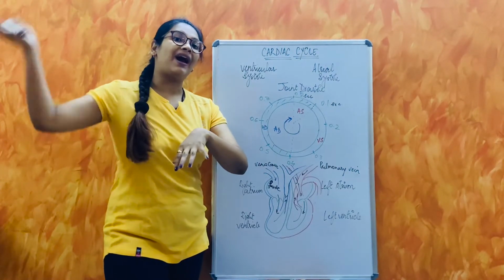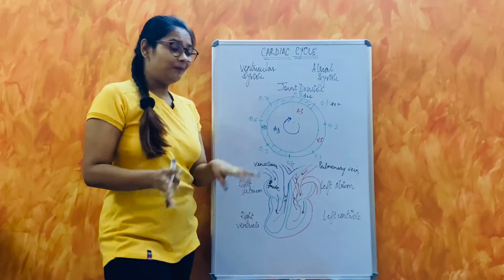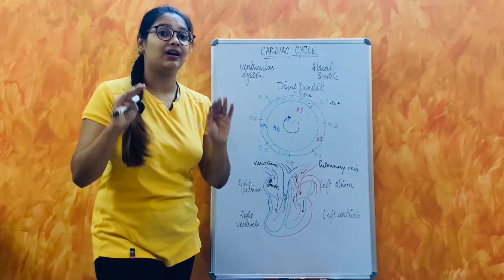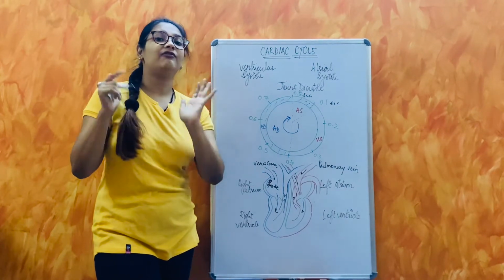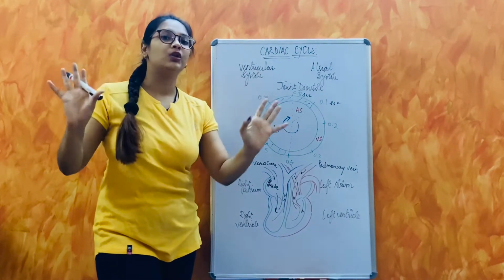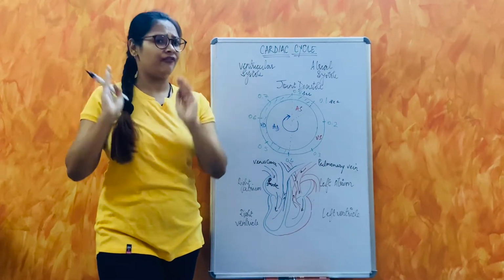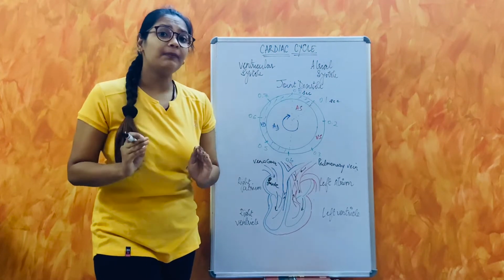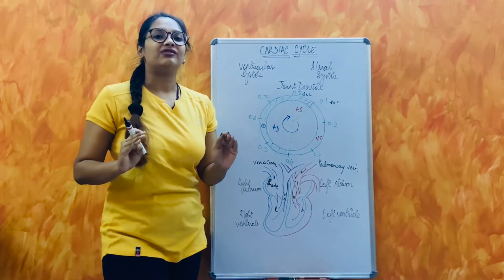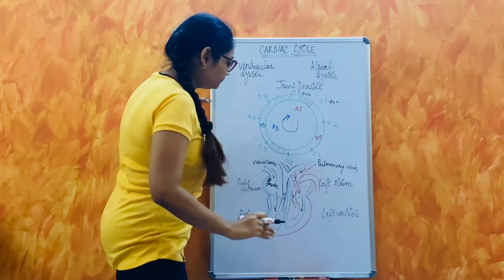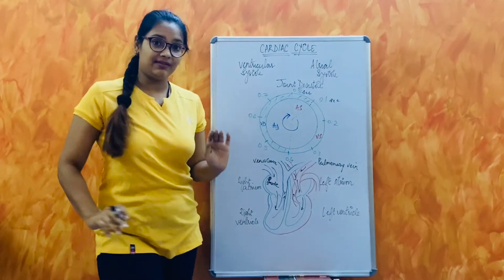So ventricular filling takes place without the atrial contraction. Even if the atrial contraction fails to happen, 70% of the blood will go to the ventricles no matter what. So now this is the atrial systole.